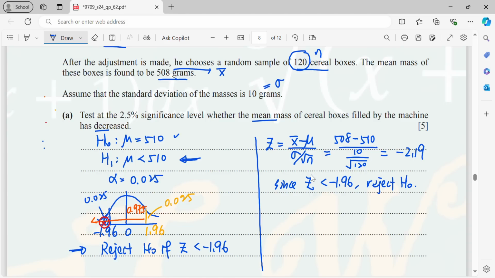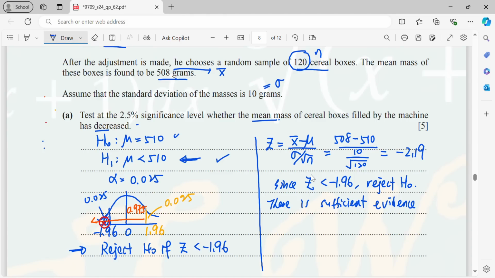This is our decision. So the conclusion, you check whether the mean mass has decreased. Since we have rejected H naught, it means that there is sufficient evidence to conclude that the mean mass has decreased. But this conclusion is only valid for that particular alpha.